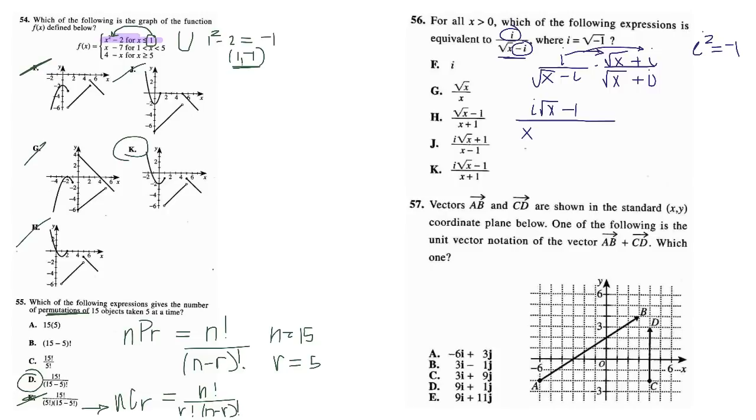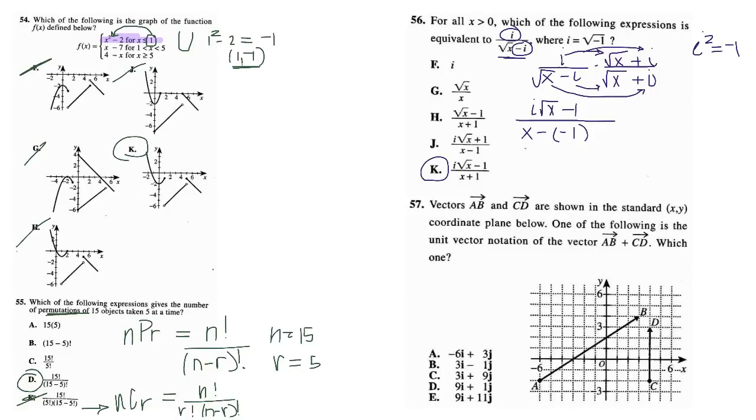Then the outer and inner terms should always cancel each other out. And then we have minus i squared again, which is minus a -1, giving us plus 1. So which of the following should be equivalent? It looks like it's going to be K.